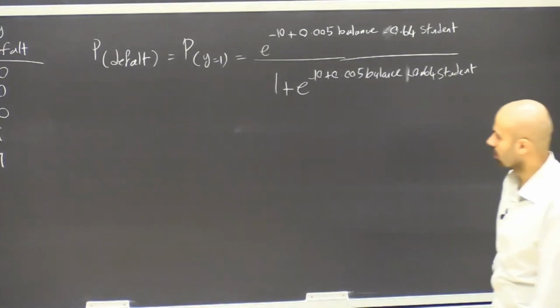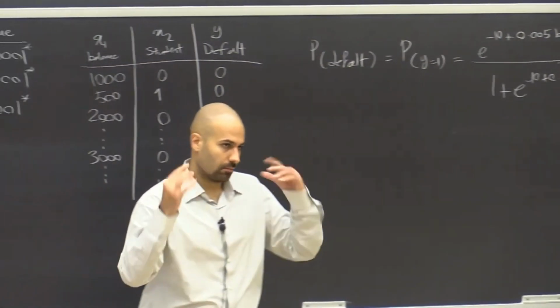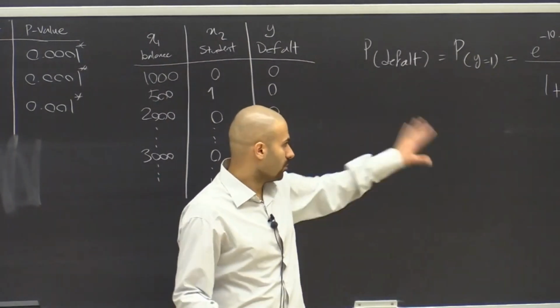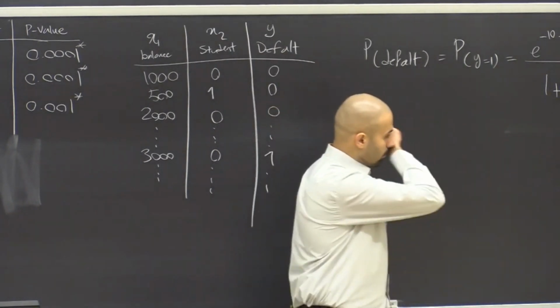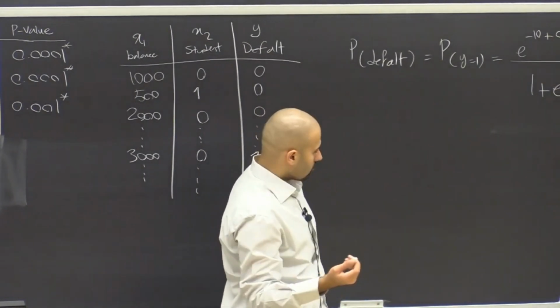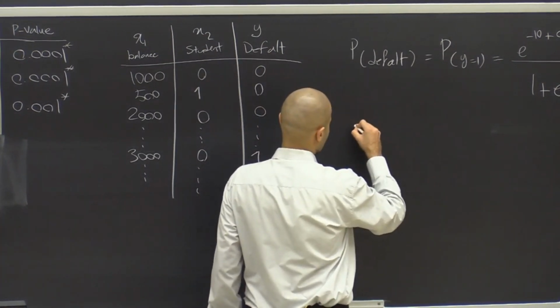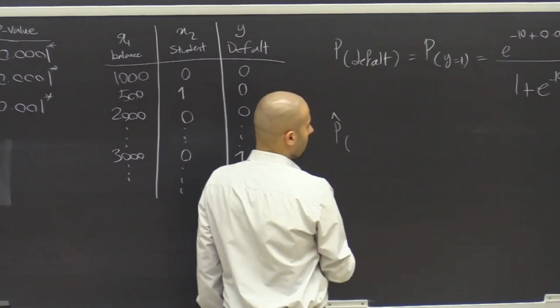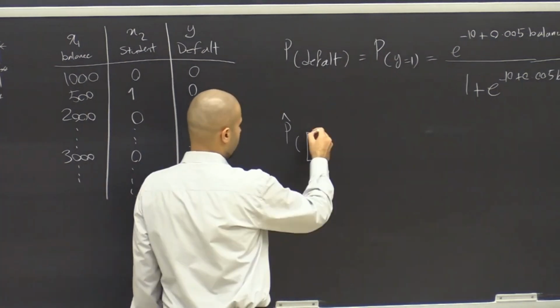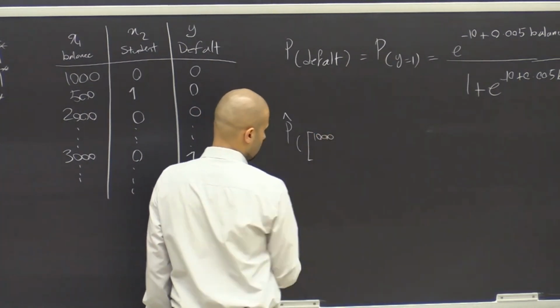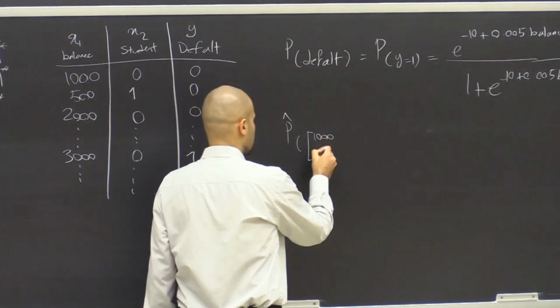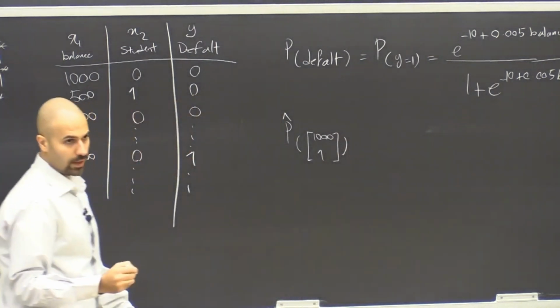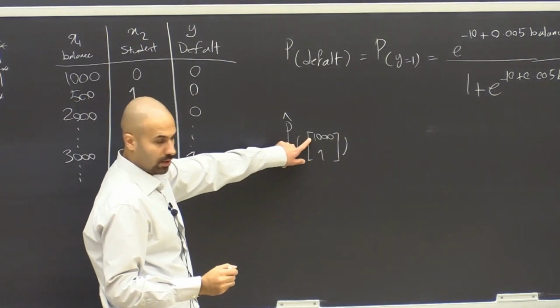So now that we have this model, I can give you some test data so that you make predictions. We can just check what is the probability of default for someone with these features. So for someone with a balance of, let's say, $1,000, who is a student.